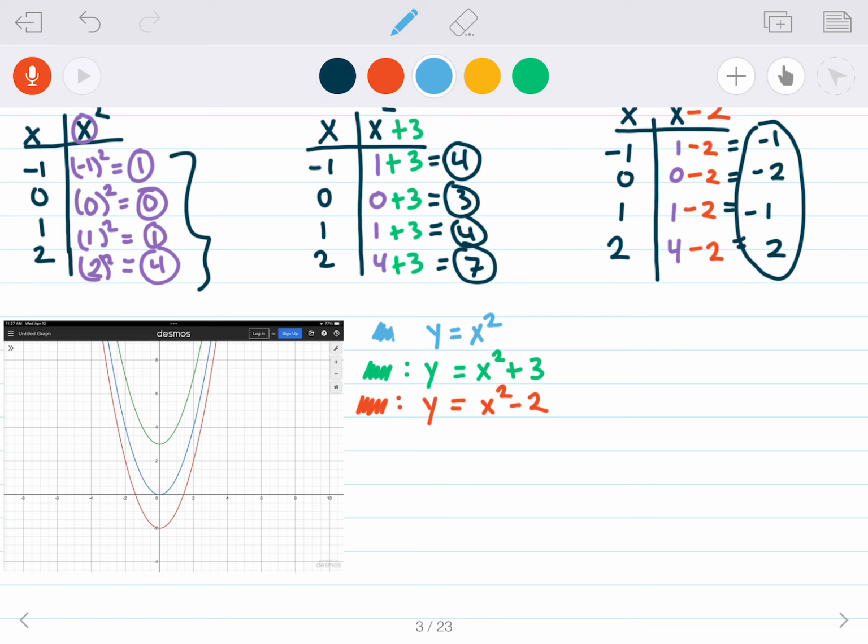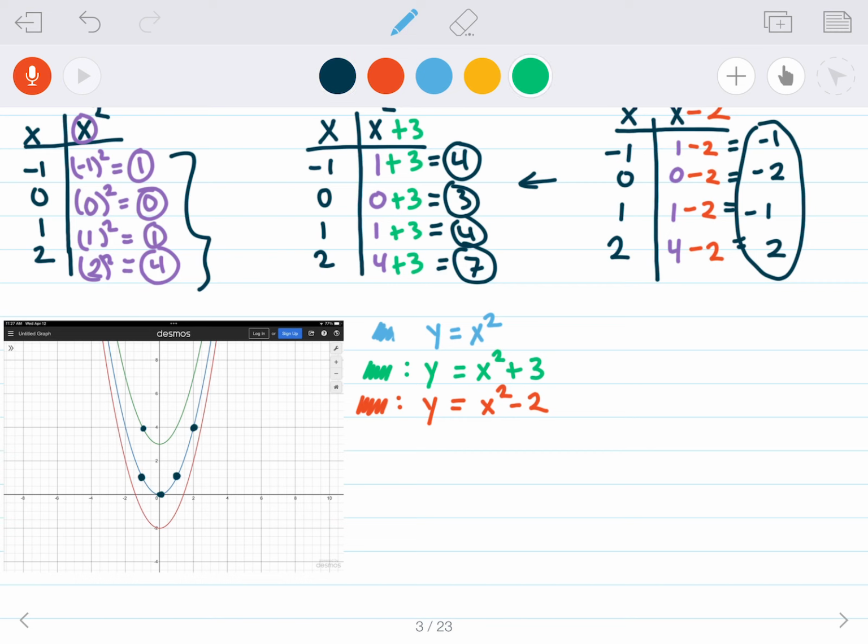In the parent function, we chose the points -1, 1, so maybe right here. We also chose 0, 0, 1, 1, 2, 4, and that's it. Look at what's happening to these points. With the green function, when we shifted up, the -1 stayed the same, but we moved up 3 units to get to this point right here.